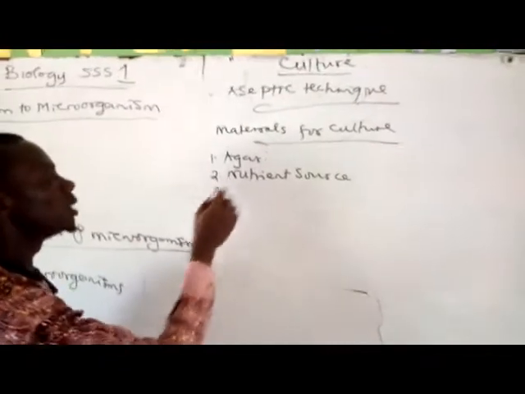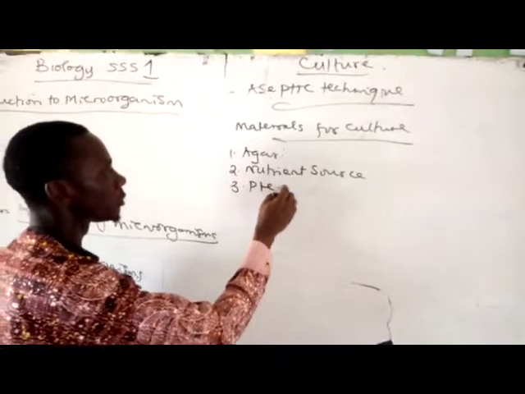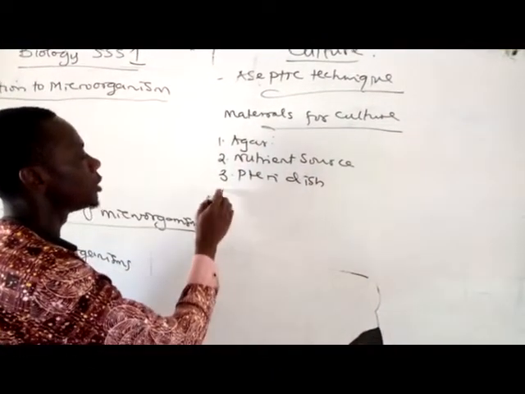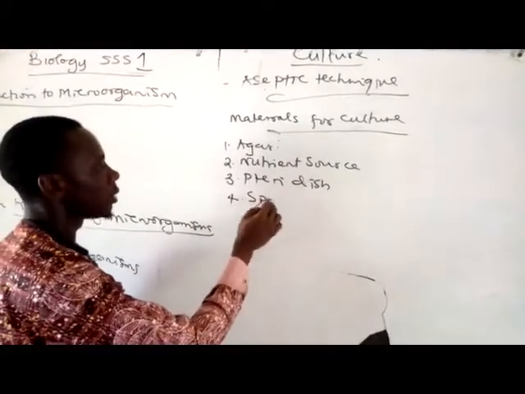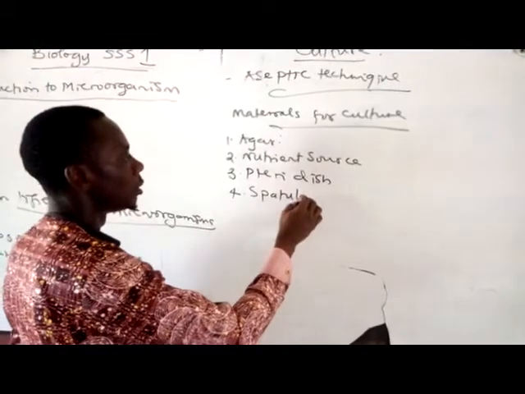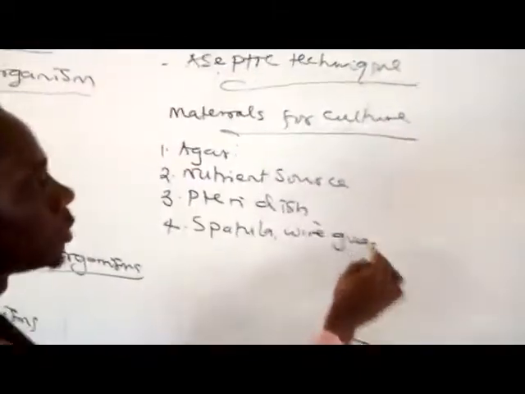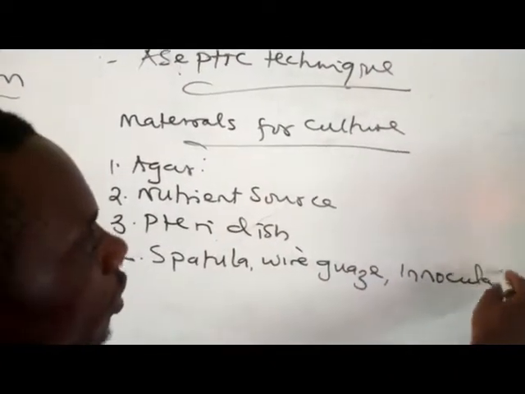You mesh a beef, or sometimes there are some nutrients that they also sell in the market. Then the next thing you need to prepare a culture media is what we call a Petri dish. You need a Petri dish, and then you also need a spatula, or wire gauze, or inoculating gauze, the one you use to introduce the microorganism.